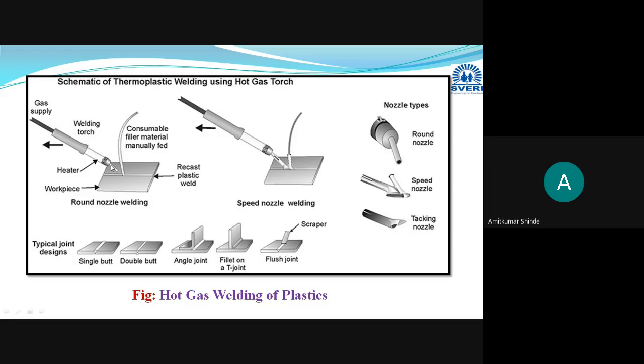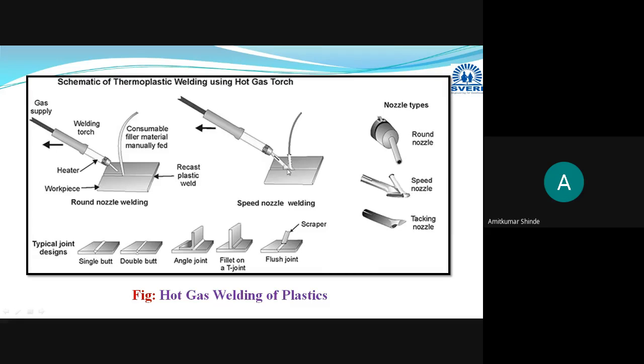Then these hot gases will come out from the tip of the nozzle, and a filler material, the welding rod, will be used, made of the same composition as the parent material or workpiece.